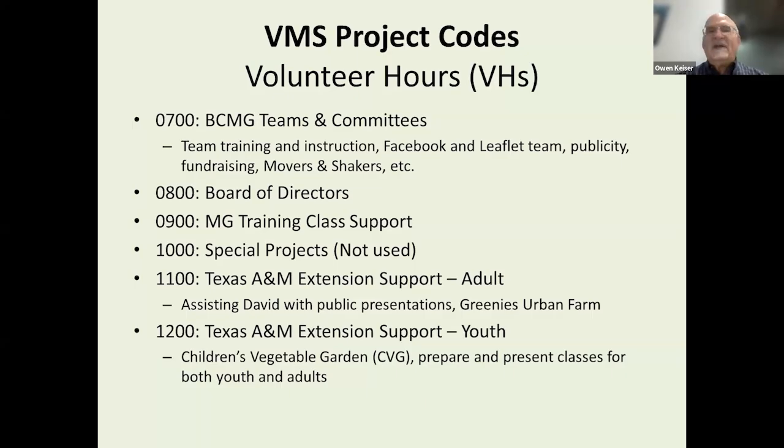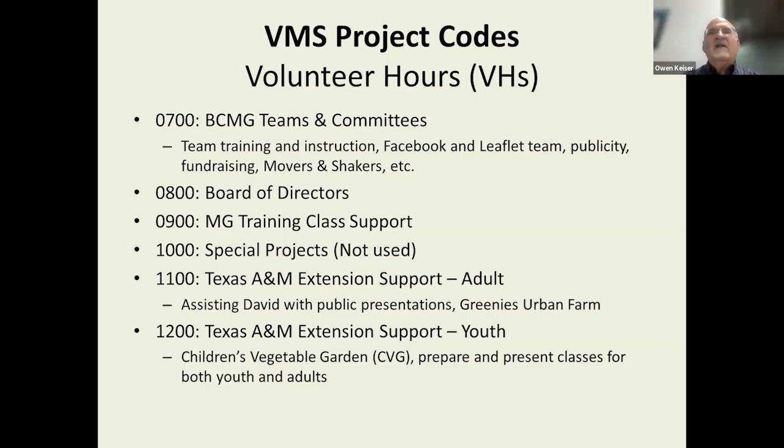1200 is a children's vegetable garden. And a lot of people put a lot of hours into the vegetable garden. So 1200 is for CVG. Again, CVG, they usually have about a 15-minute, 30-minute class with the kids.